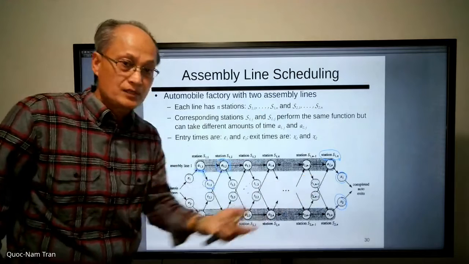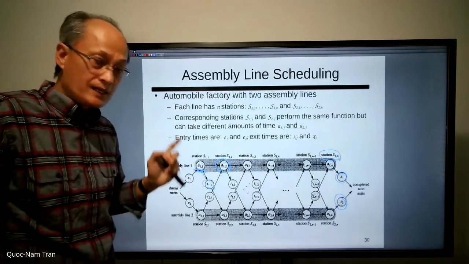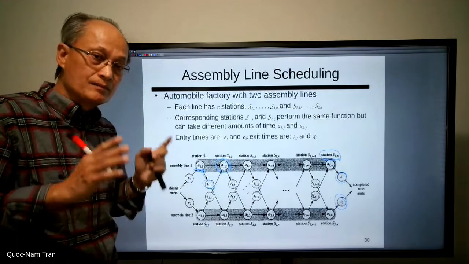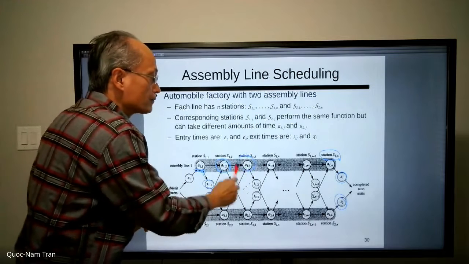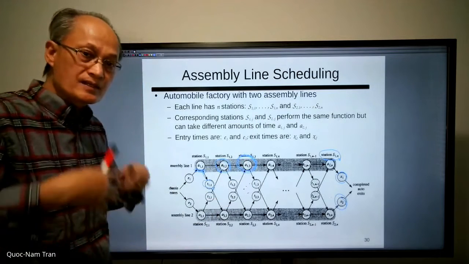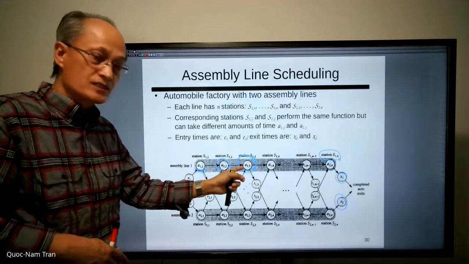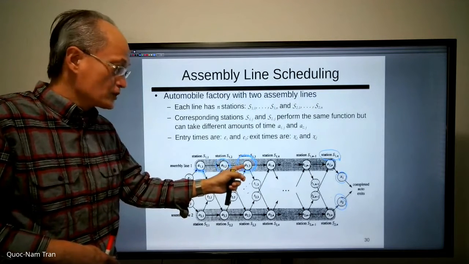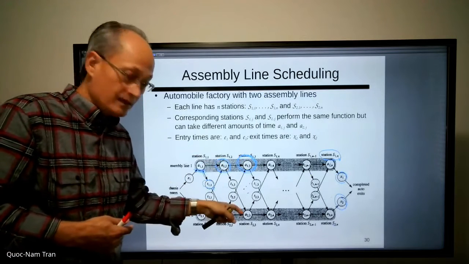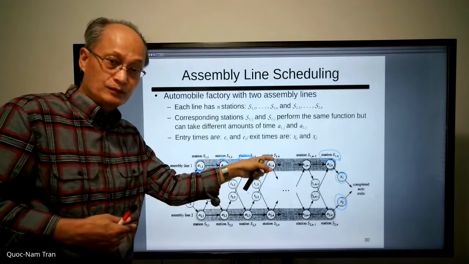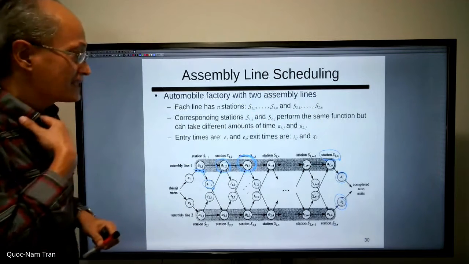Sometimes it's not a good idea, because an assembly line may have a bottleneck. For example, at this station, for some reason, there's a bottleneck. It takes a longer time to finish at this station. In that situation, it would be better to send the chassis to another line and then go back to the first assembly line. So that is the idea.